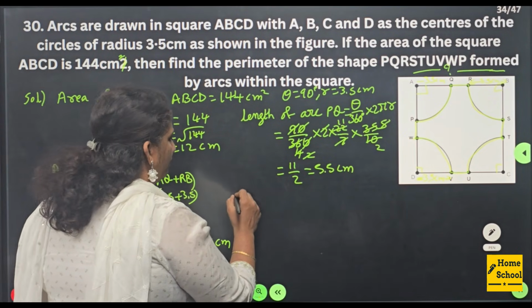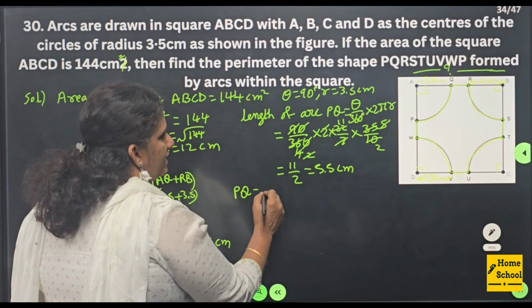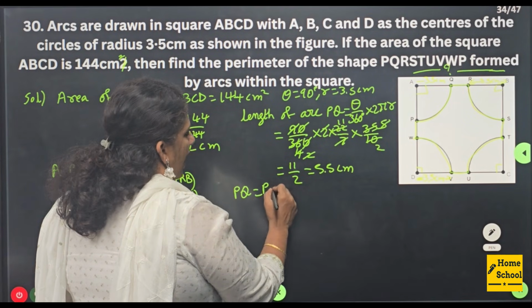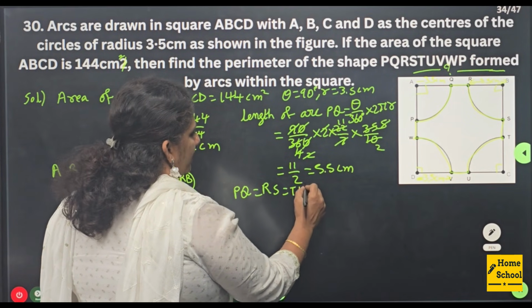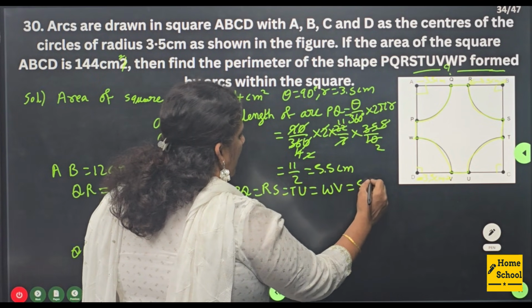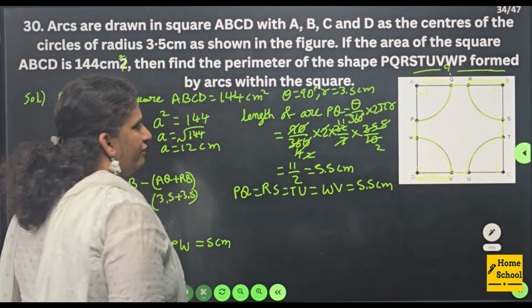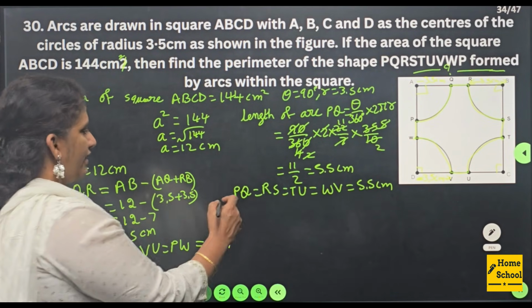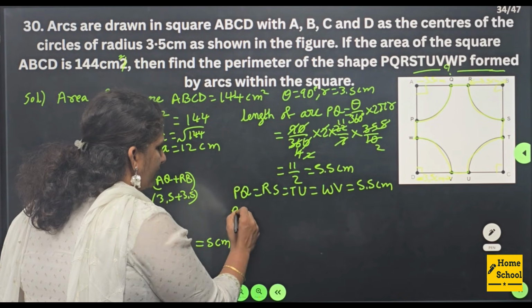We know PQ is equal to RS is equal to TU is equal to VW. All the arc lengths will be 5.5 centimeters. Therefore, finally what can I say?